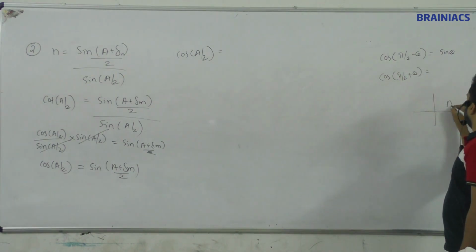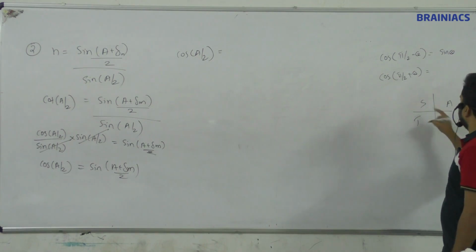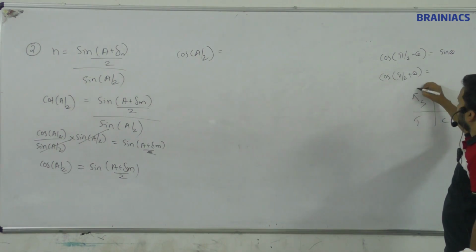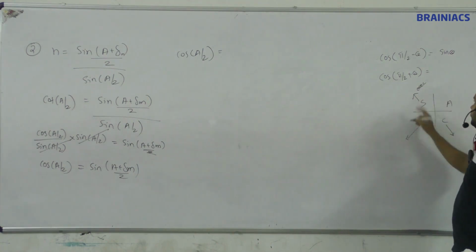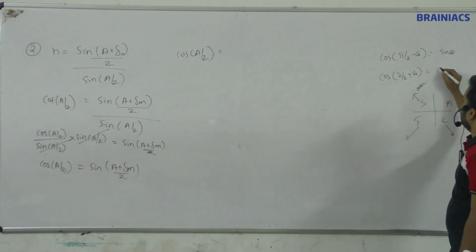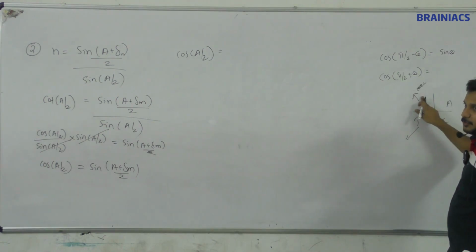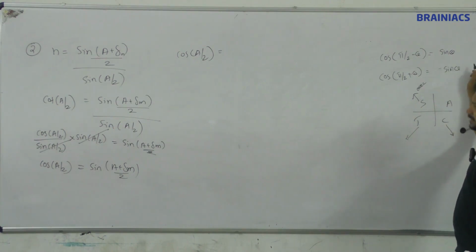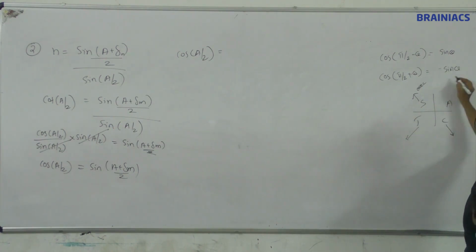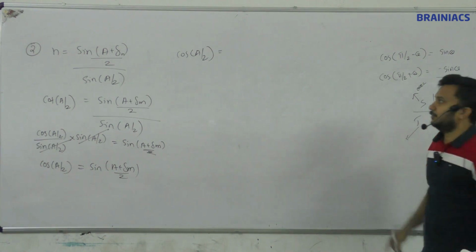We know All Sin Tan Cos: all, sin, tan, cos. Which one is positive? Cosec here; cos and sec, tan and cot. So pi by 2 plus theta means second quadrant. In the second quadrant what will come? Minus sin theta.